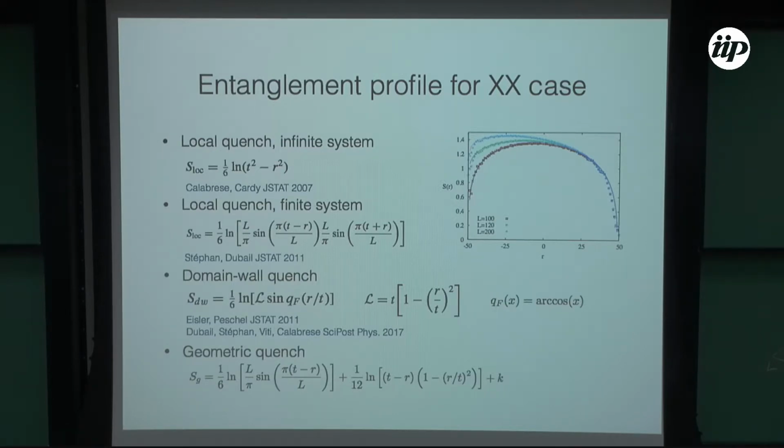So what we would like to have is, in the semi-classical or hydrodynamic picture, you just choose a ray parameter, zeta, and you count the particles. For example, if you want to get the density, you count how many particles could reach this zeta. This is just the portion of the velocity which is larger than this zeta. Okay. So if you took the domain wall quench, then you have this full interval.